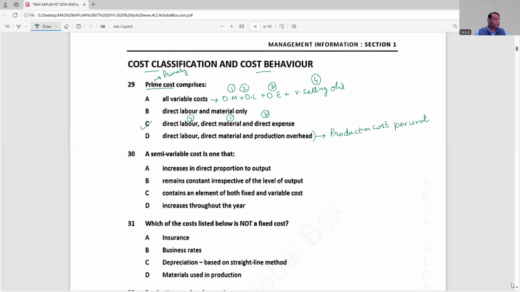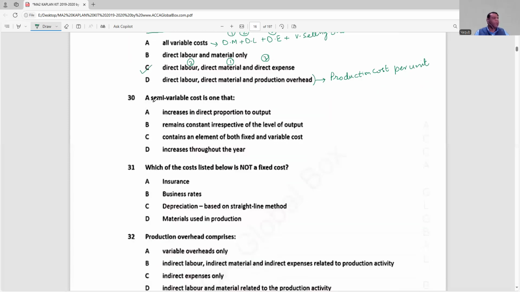Next one is a semi-variable cost. Semi-variable cost means what? A cost which includes two elements. One is variable cost per unit, or we can alternatively say variable overheads per unit. Semi-variable includes variable overheads per unit, and it also includes fixed overheads per period.